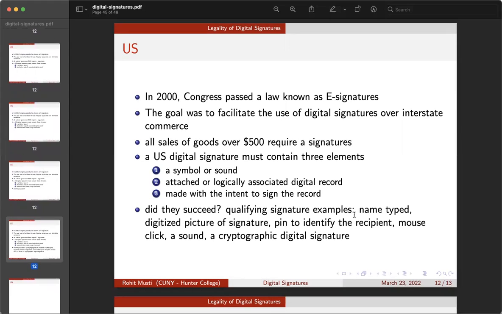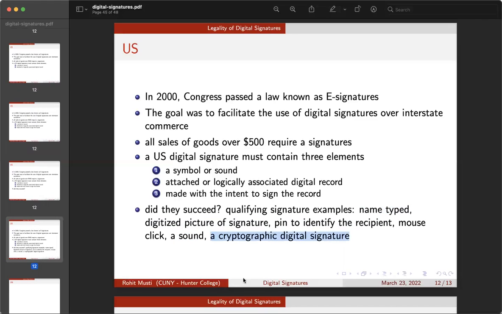Well, if you type your name, that counts, right? Because typing your name is 1, a symbol or sound, 2, you can attach it to a digital record, and 3, you can make it with the intent to sign. A digitized picture of a signature has the same problems as a typed name. A pen works. A mouse click works. A sound works. And so does a cryptographic digital signature.